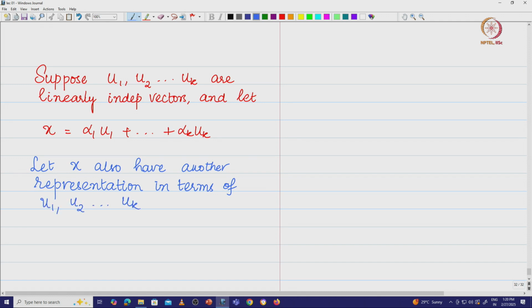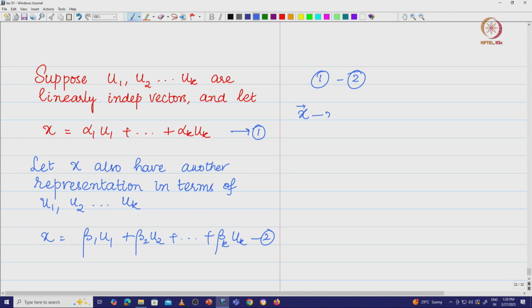That means, now I am going to say x is equal to beta 1 u1 plus beta 2 u2 plus etcetera plus beta k uk. Let me call that 1 and let me call this 2. Now, if I do 1 minus 2, I basically get the x vector minus the x vector, which is going to give me the 0 vector.